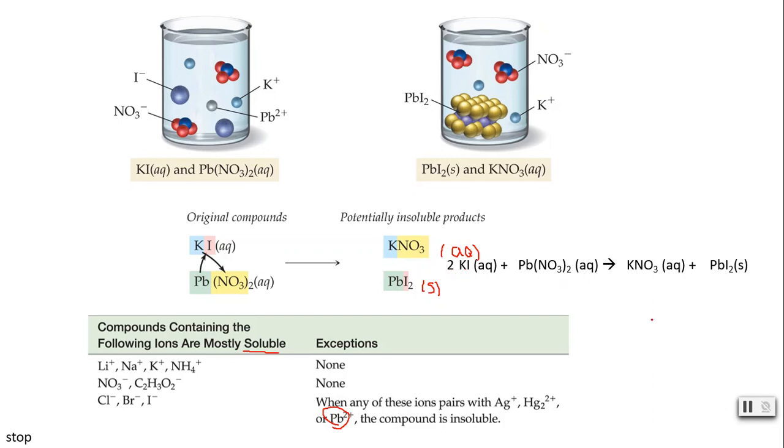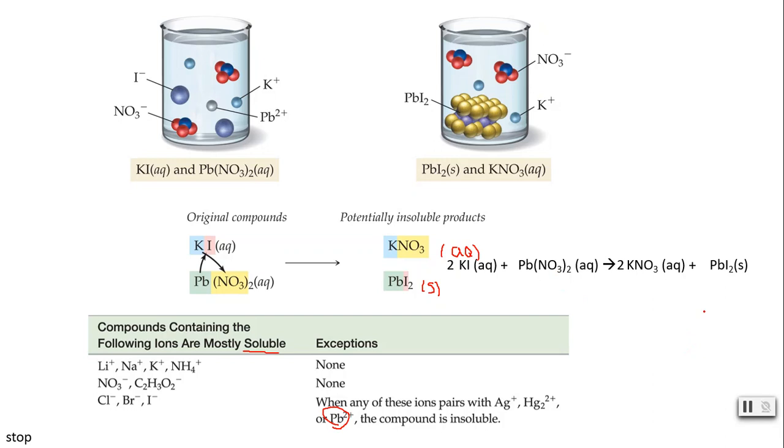That's okay, I can fix that by putting a 2 in front of the KNO3. And that works out great because I now have 2 NO3s. And how many NO3s do I have on my reactant side? I have 2 NO3s. So I now have a balanced chemical equation that is a precipitation reaction.